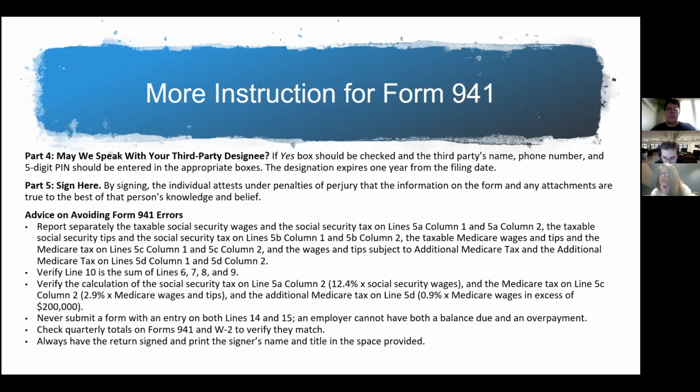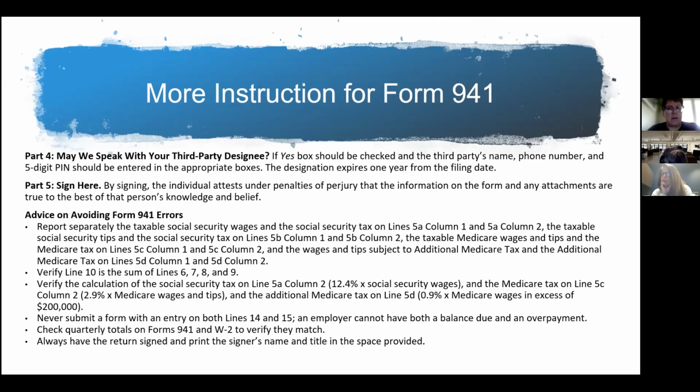Like I said, we talk about third-party designee. They're going to ask about their third-party designee. This is where I would put my name when I fill this out. I would put my name, my phone number, and a 5-digit PIN number. This allowed me, if there were any problems with the 941, to call. I had a CAF number for Schmeezer anyway, so I could call about anything for Schmeezer and give them my CAF number.